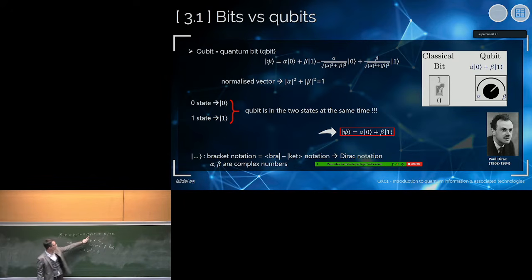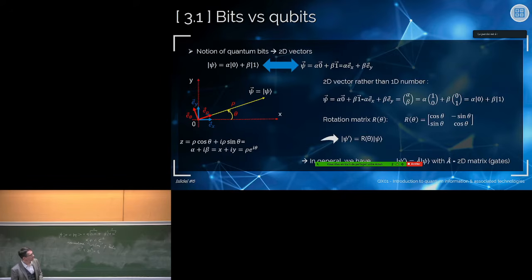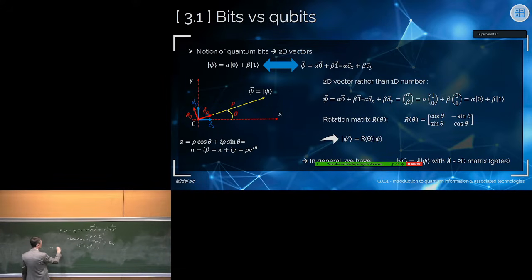And of course, this state is the equivalent of the 0 state for a classical bit, and this one of a 1 state for a classical bit, with the difference now that quantum physics allows you the so-called superposition and the existence of both states at the same time. So we made this parallel. We're going to use again today that qubits are effectively vectors, so they can be seen as 2D vectors.